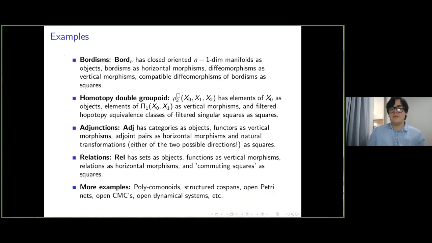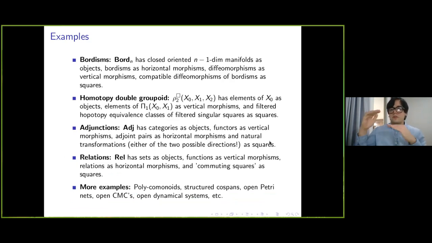There are other very important examples of double categories. Morphisms can be organized into a double category. Classically in strict homotopy theory, there's a homotopy double groupoid associated to any filtered topological space. Classically as well, there's a double category of adjoints where objects are categories, vertical morphisms are functors, and horizontal morphisms are adjoint pairs.